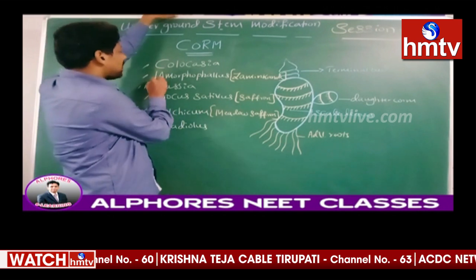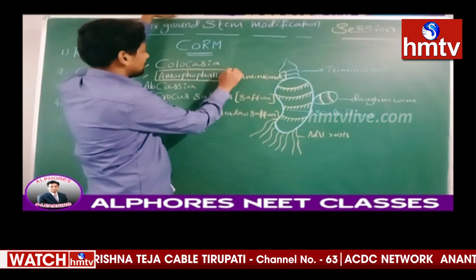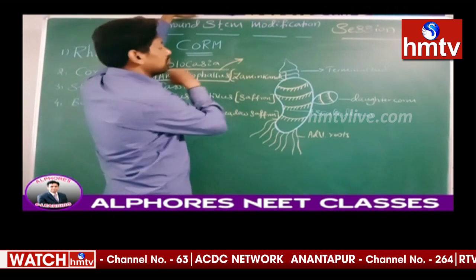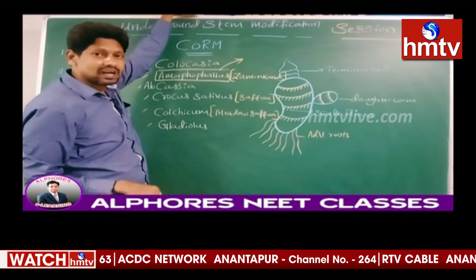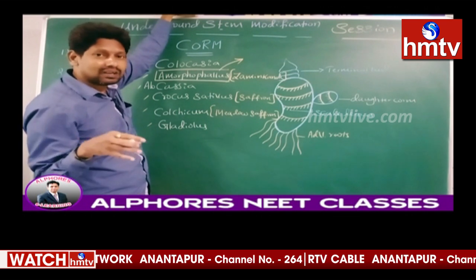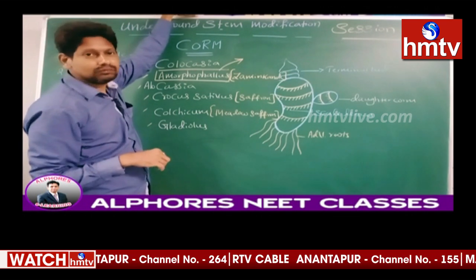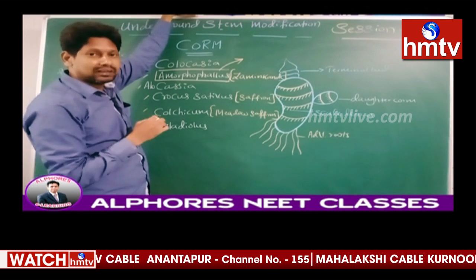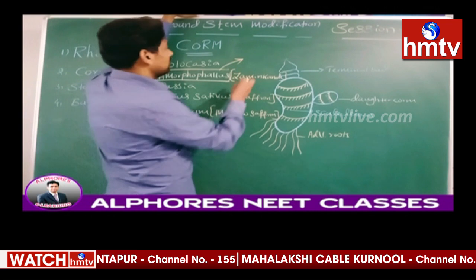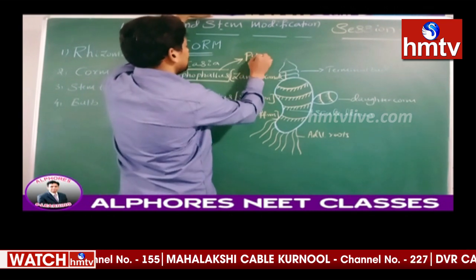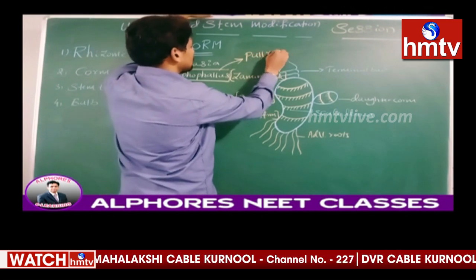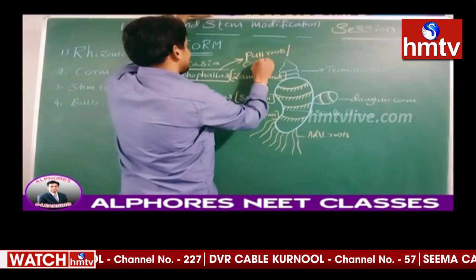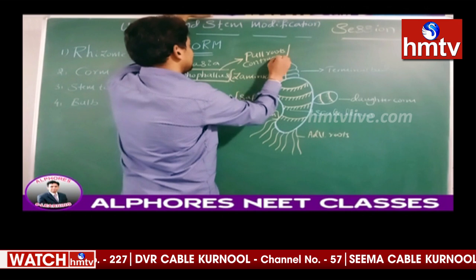Now listen to the statement. In Amorphophallus, the corm is placed at a particular depth in the soil with the help of pull roots. Pull roots are also called contractile roots.